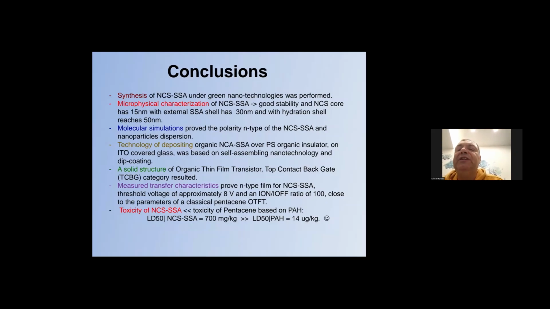In conclusion, the synthesis of nanocore-shell sulfosalicylic acid under green nanotechnologies, because we used green routes from chemistry, was performed.